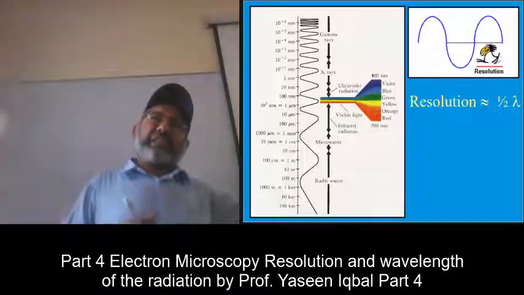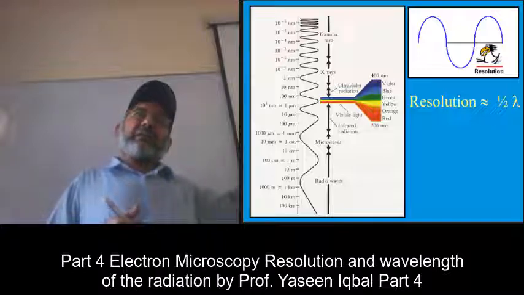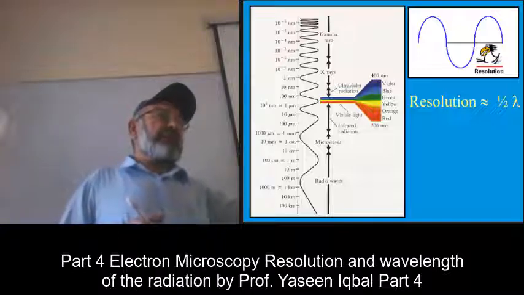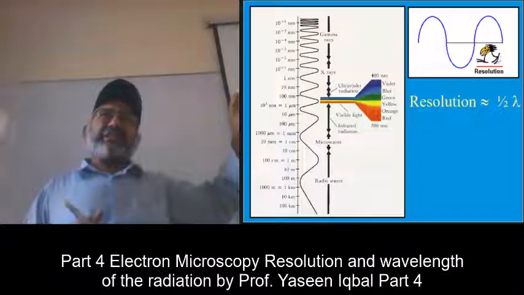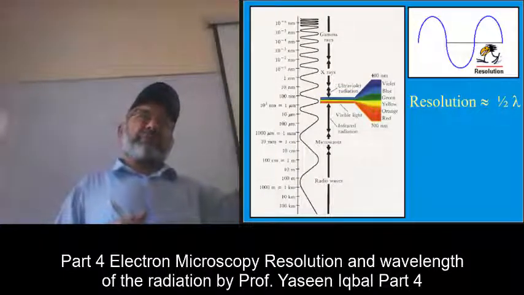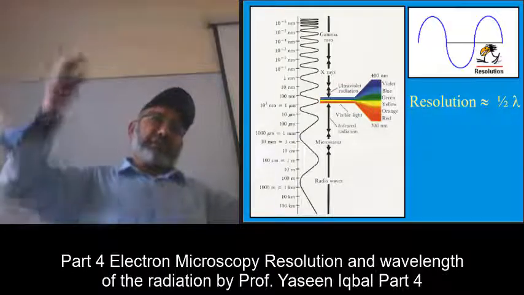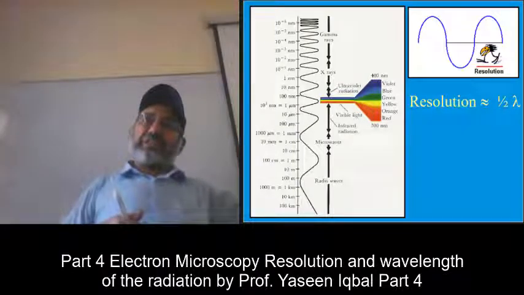The commonly used X-rays are copper. They use the copper source for X-ray, and the wavelength of copper is 1.54 something up to several decimal points.